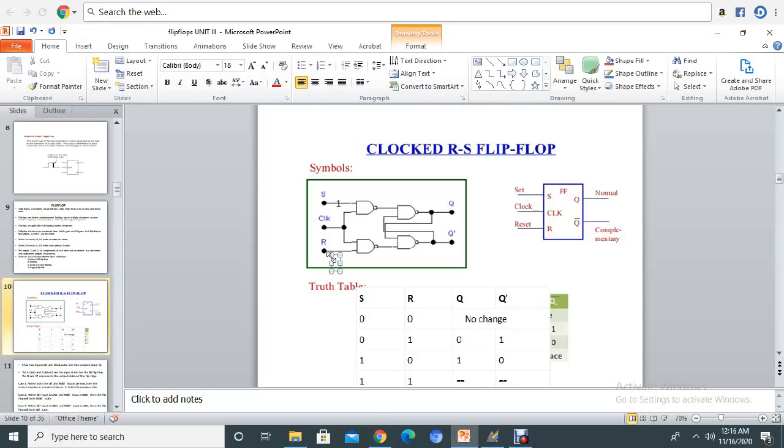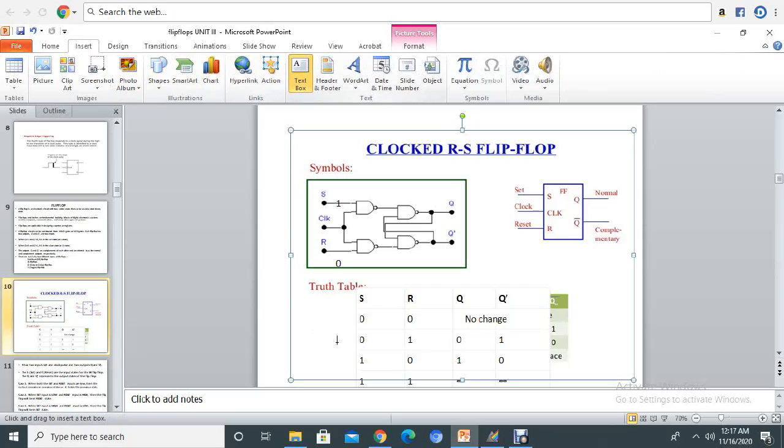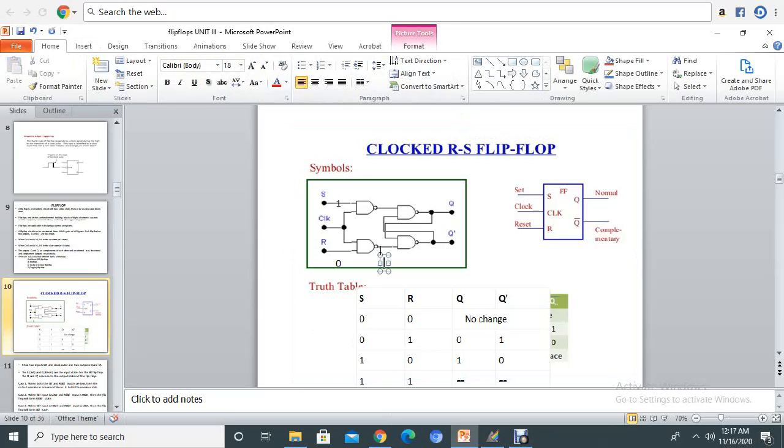Now I am applying clock pulse. If any one of the input is 0, then the output will be 1. So here the output of this NAND gate is 1.